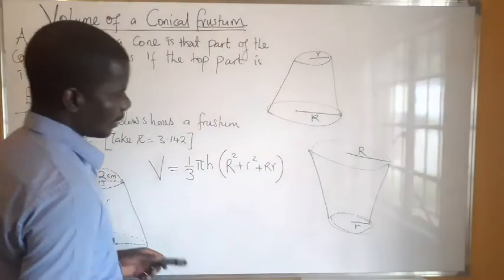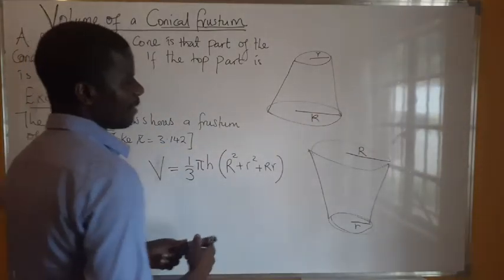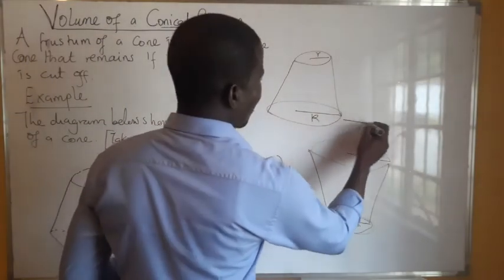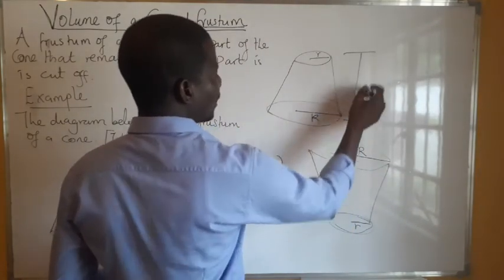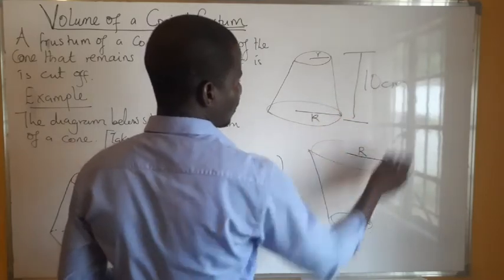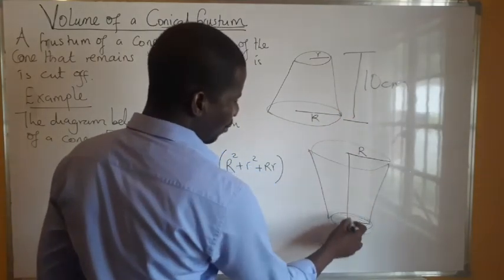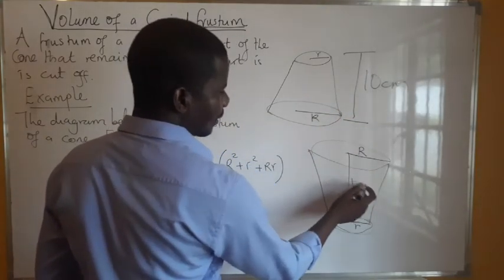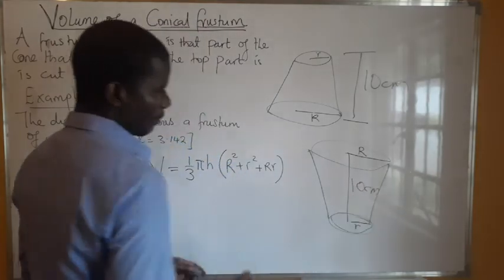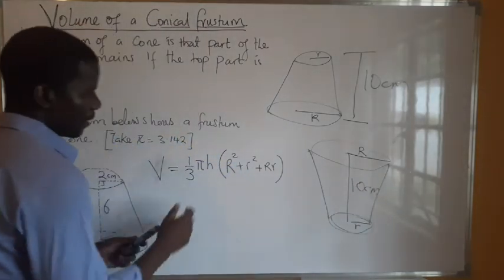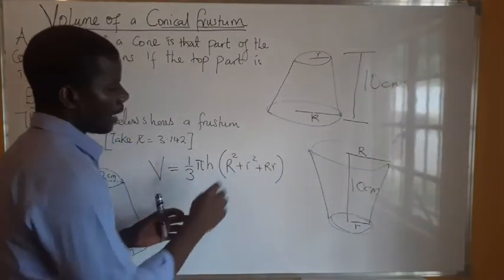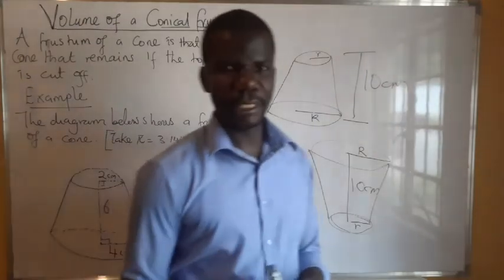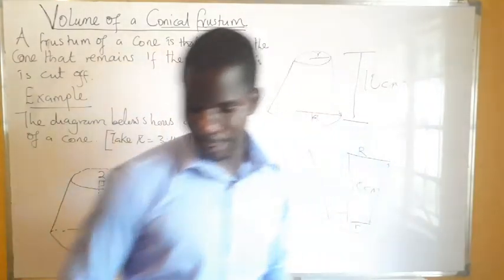On all these, we are always going to be given the height. It could be given outside, say the height from this point to that point is 10 centimeters, or from this point, still the same thing. So in our formula we have the height, the radius of the smaller circle, and the radius of the bigger circle.